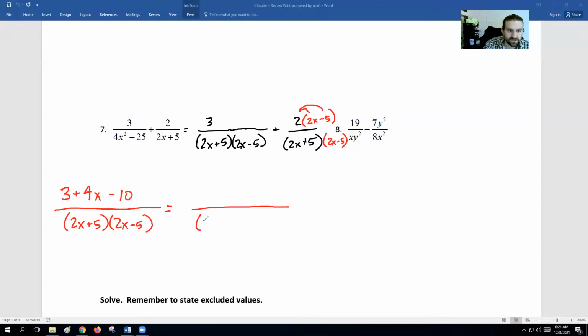If we combine like terms, we have a 4x, and then our 3 and minus 10 is a negative 7. We'd want to double check to see if anything cancels out or reduces, but it doesn't. So you can leave your answer like that, or you can put it as 4x minus 7 over, when we distribute this out, 4x squared minus 25.